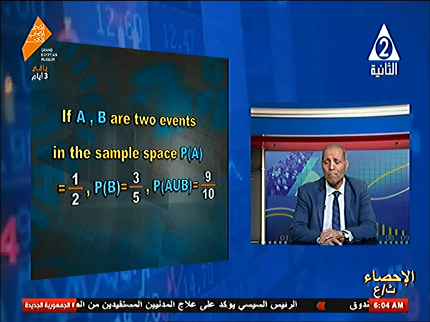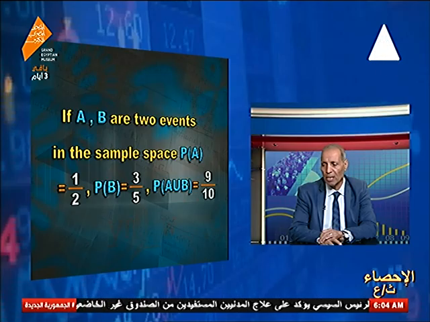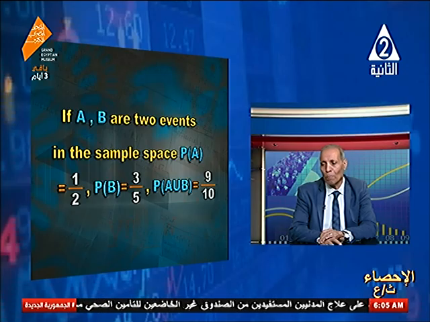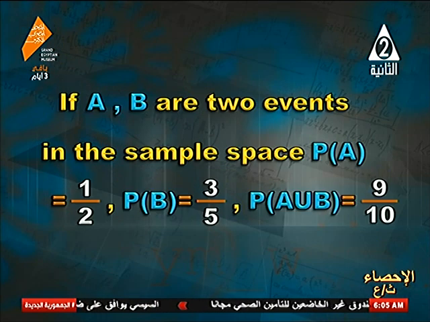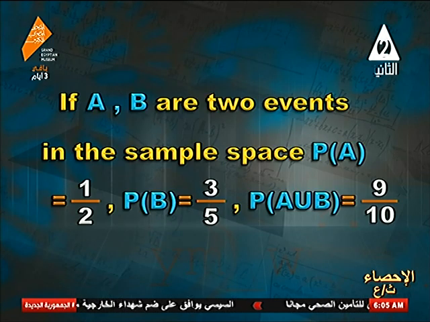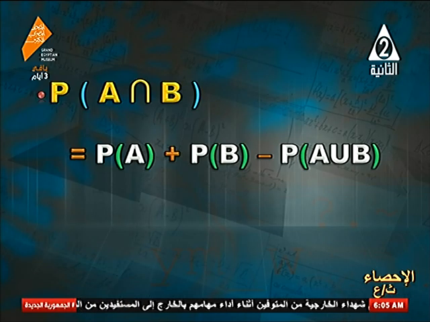Example: if we have A and B two events in the sample space, and probability of A equals 1/2, also probability of B equals 3/5, probability of union equals 9/10. What is the required probability of the intersect of A and B?